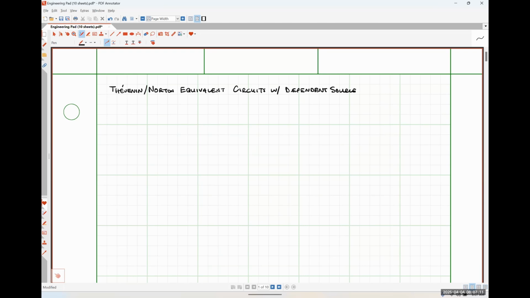So we are just going to learn this process by doing an example. And until we get to the resistance, it's going to be exactly the same thing that we did in class last Wednesday.